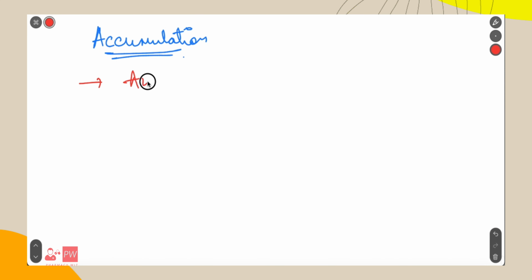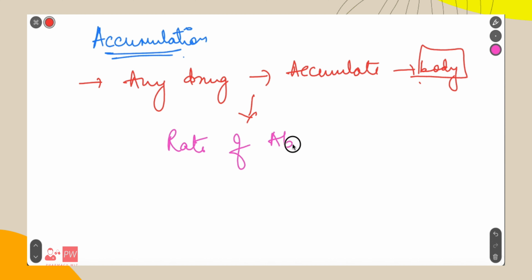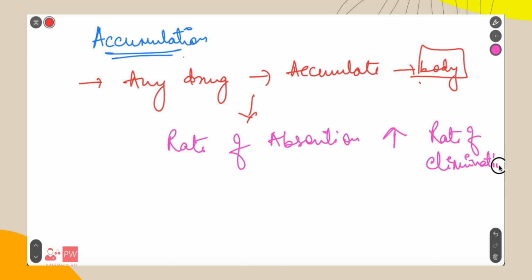Next factor is accumulation. Any drug will accumulate in the body only if the rate of absorption is more than the rate of elimination. So the rate of elimination is less and the rate of absorption is more.